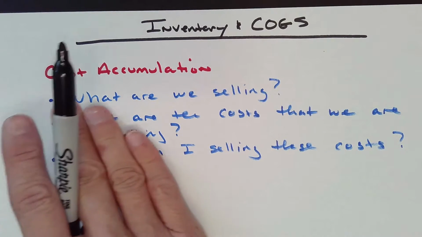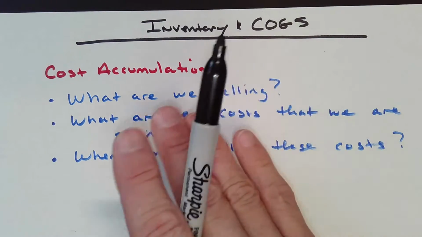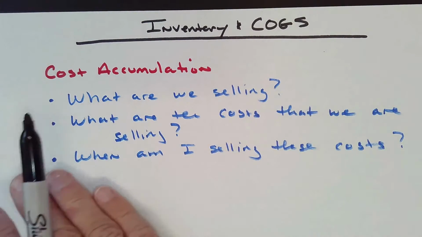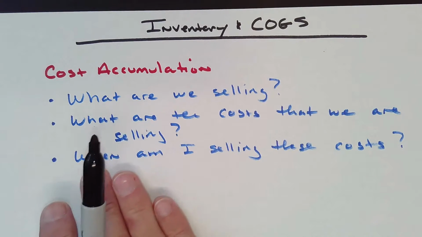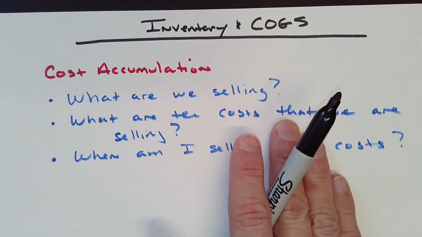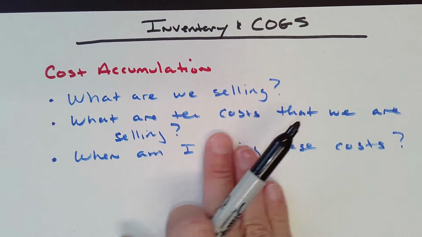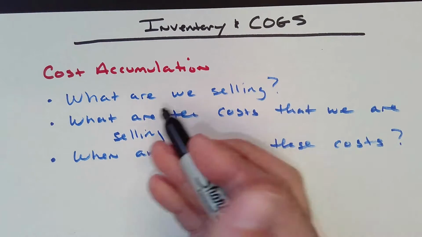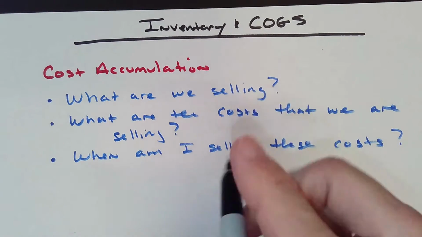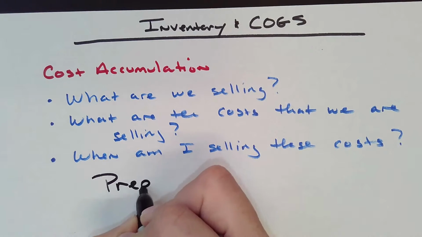And basically we can view inventory as a prepaid, right? We are prepaying for these costs, and eventually we will sell those costs. We'll sell the thing that has those costs at some time in the future. So this is really, and again, this is just my simple way of looking at it, this is really a prepaid cost.